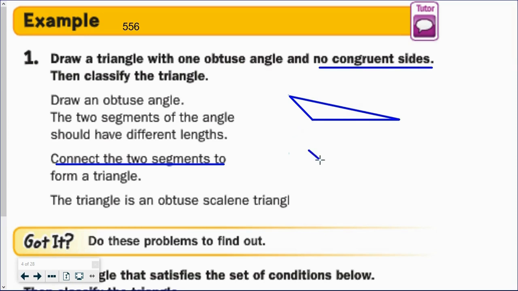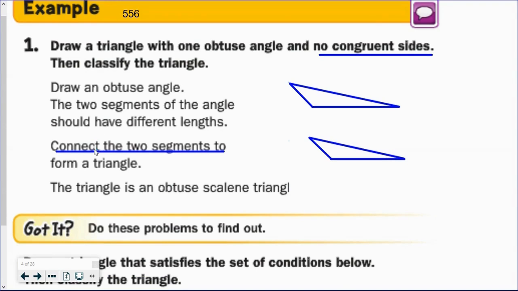So again, you draw a short side and a long side with an obtuse angle, an angle greater than 90 degrees, and then connect the two sides. If you haven't done that, go ahead and try that for example number 1.